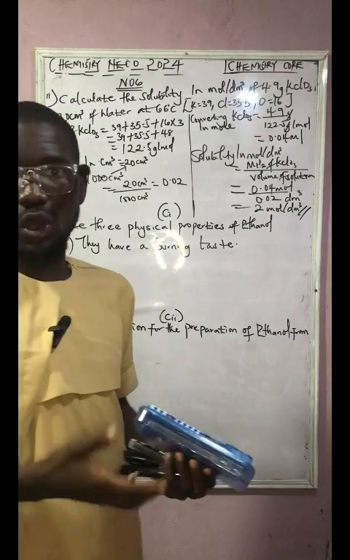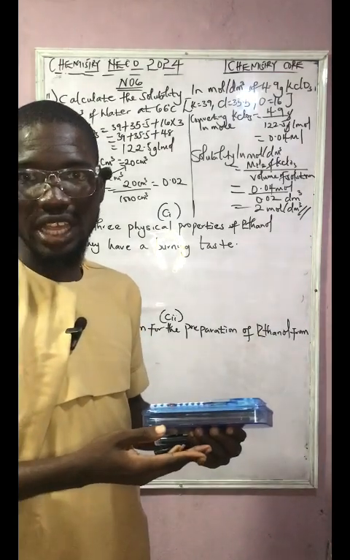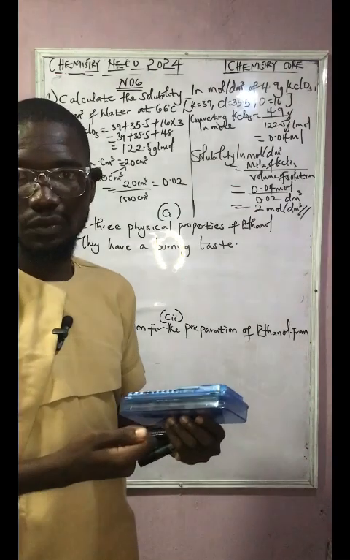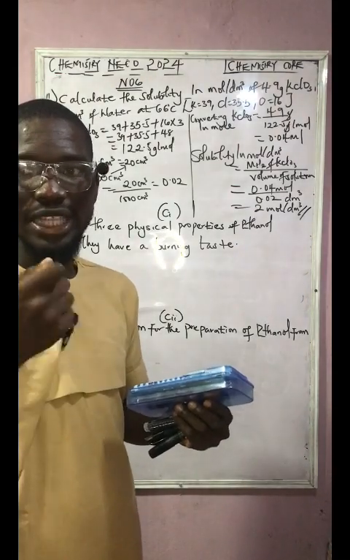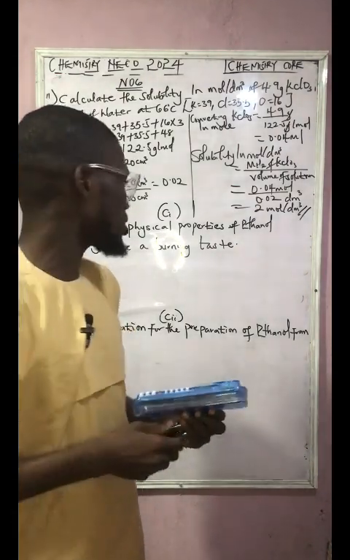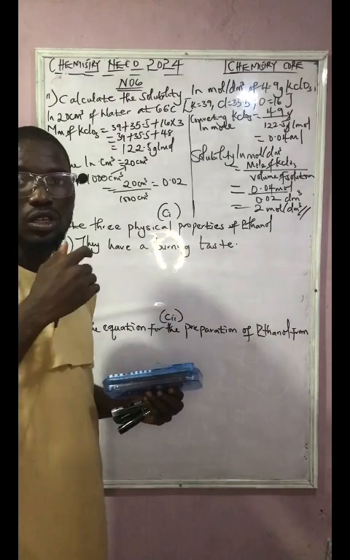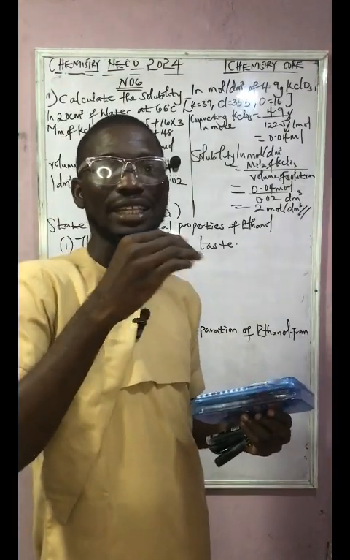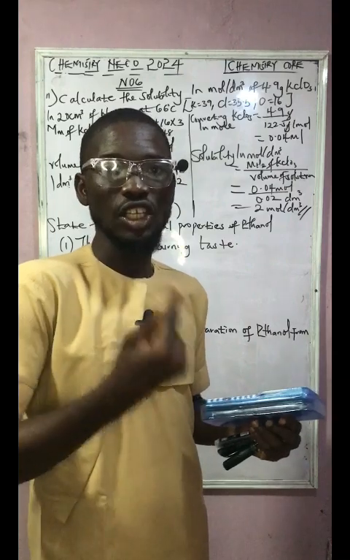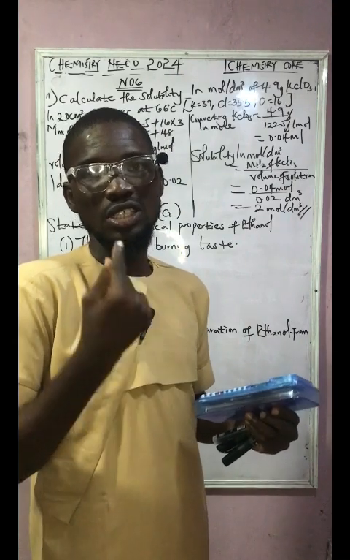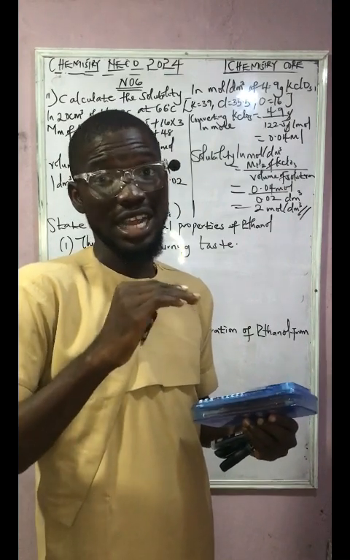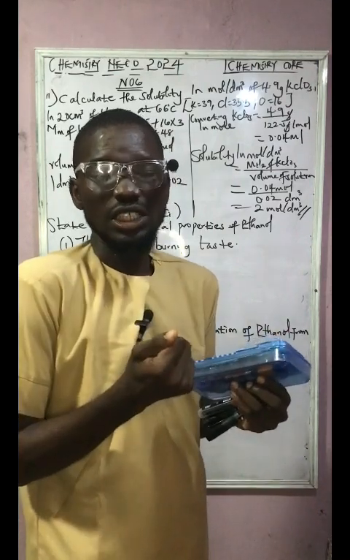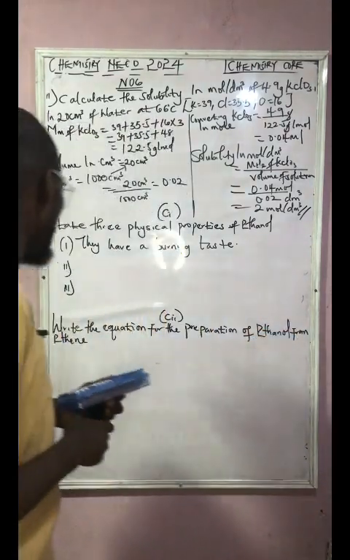For those that are exposed to ethanol out there, the moment they sip it, they'll feel it in their body. That's the more reason why they said they have a burning taste. Because if you take alcohol of some percentage, you feel it in your body. The toxicity is very high. Is that clear now? So that when you take it, it will burn you and you feel something is here already.